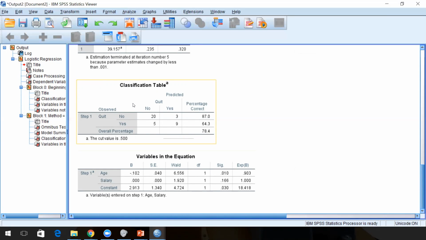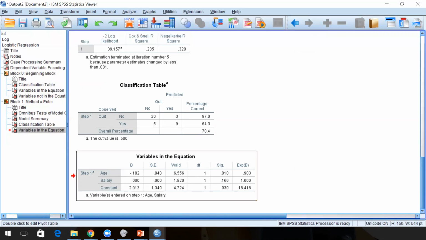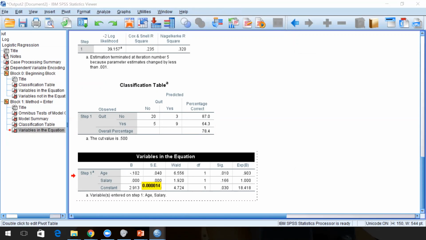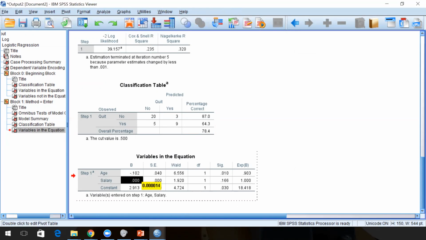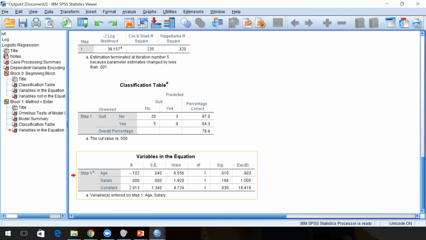Now, as I mentioned in class, the tricky thing with doing the math is you can't just take the coefficients here like you can with regular OLS regression and start predicting probabilities. You can't just say, okay, our y-intercept, our constant of 2.913, take that, add to that the coefficient for salary, which is actually a positive 0.00014 times their annual salary minus 0.102 times their age.